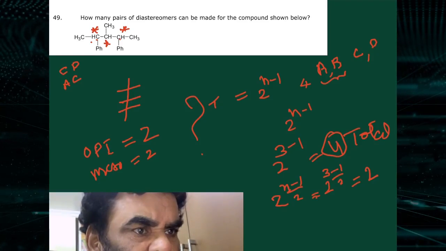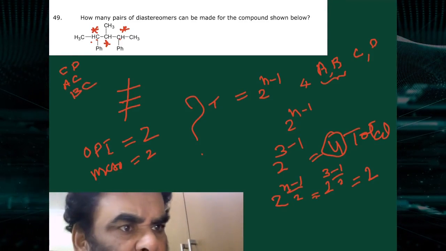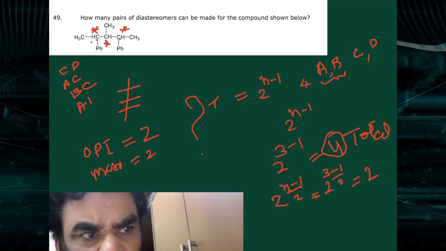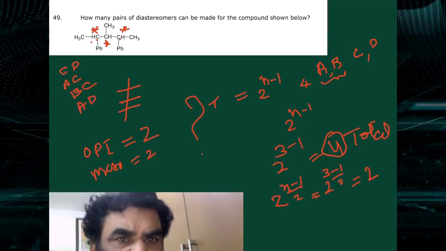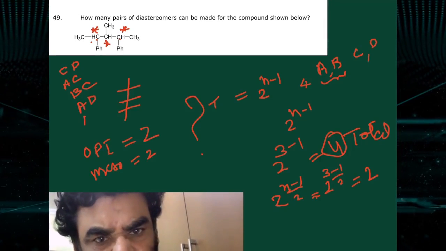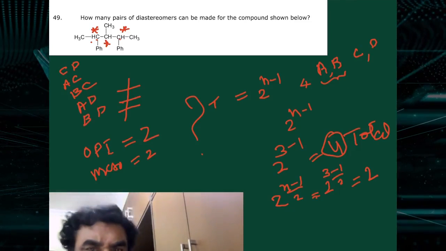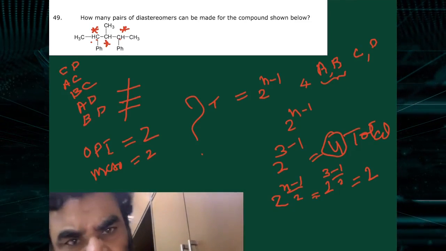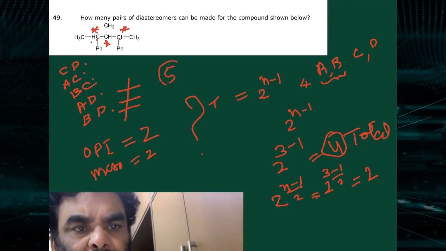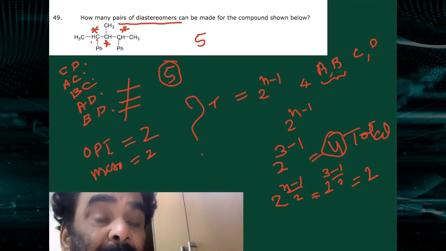AC is 1, BC is 1 pair, B and C. Now AD is 1, that is a diastereomeric pair, and BD is 1 diastereomeric pair. So 1, 2, 3, 4, 5 pairs are possible. Therefore 5 pairs of diastereomers. Check.